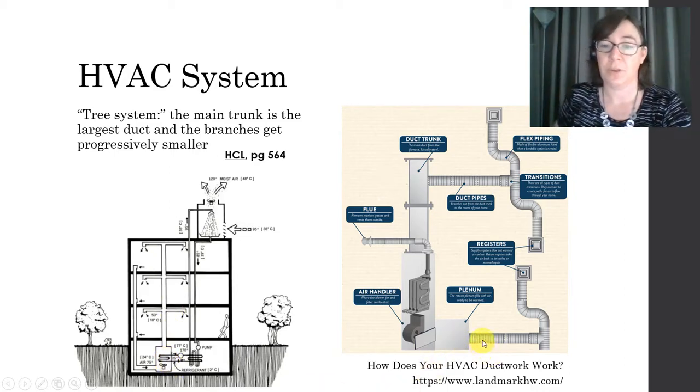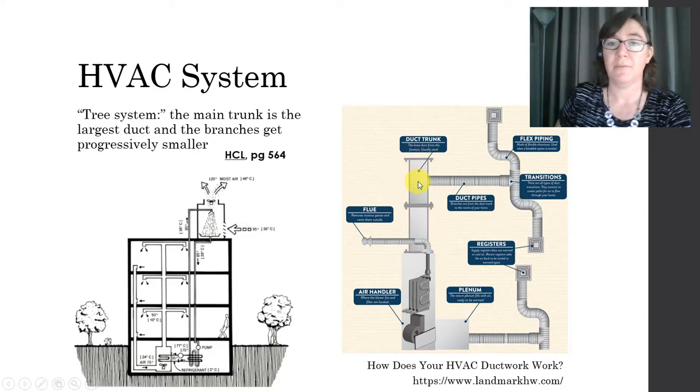Looking at this other illustration here, we have our air handling unit and our trunk duct, and then individual branch ducts, they're calling them duct pipes for some reason, going to your supply air register, and then your return is coming through this plenum back into the air handler.